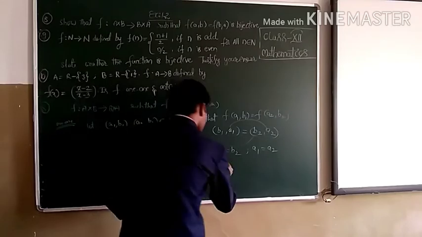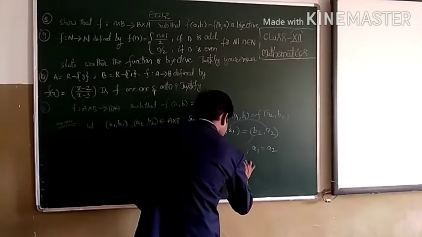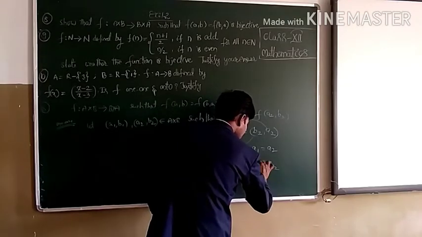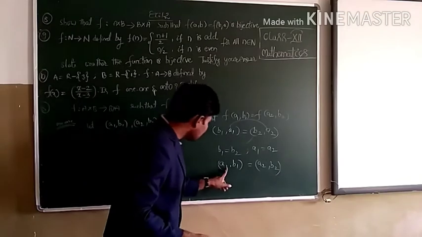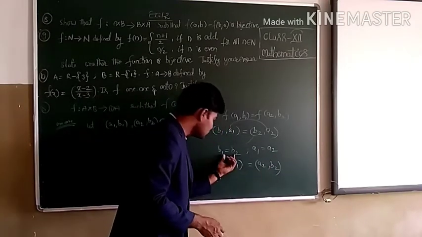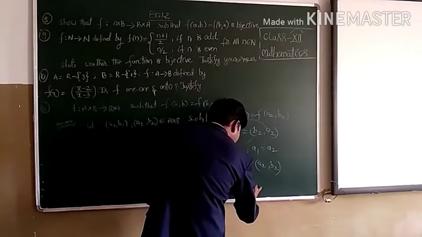We can write this in order like this: (A1, B1) = (A2, B2). So here A1 = A2 is satisfied and B1 = B2 is also satisfied. So f is a one-one function.